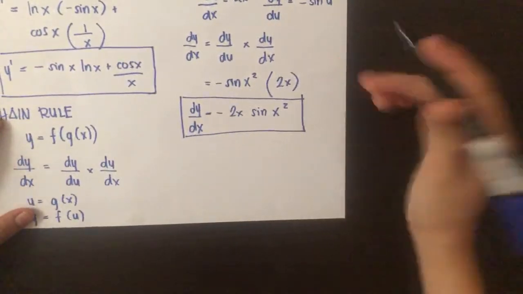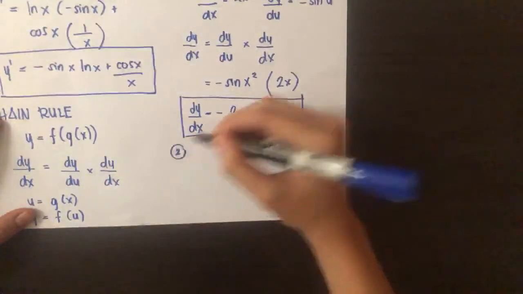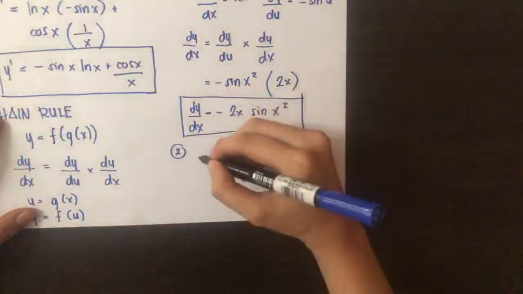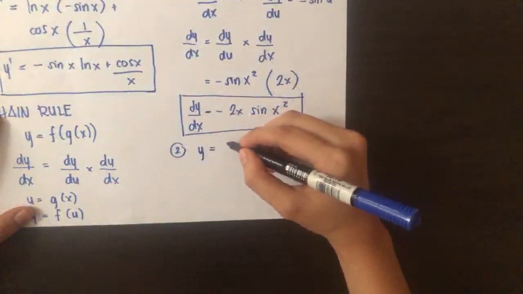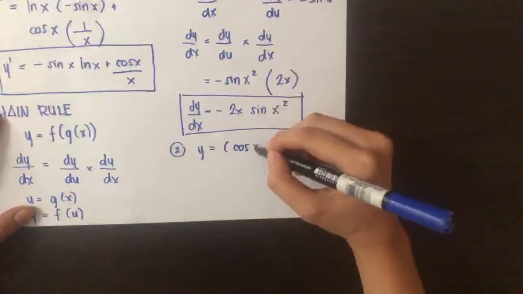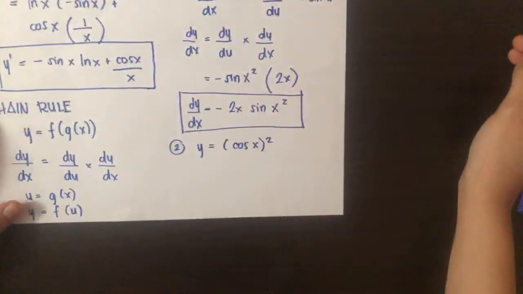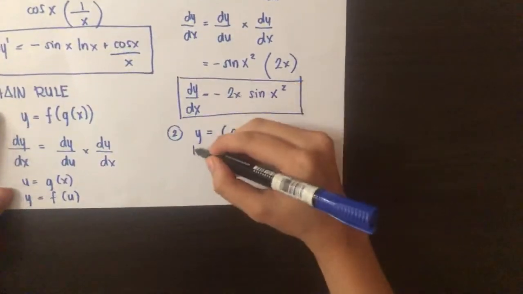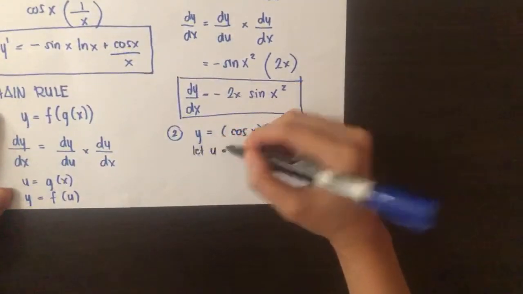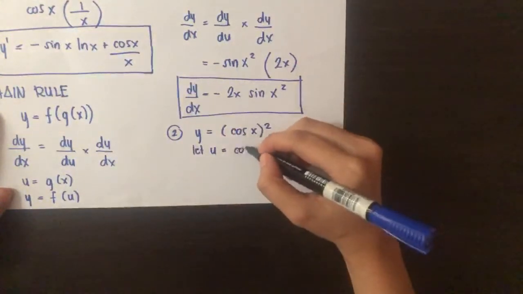So, ayan, isa pang example. Number 2. Paano naman if we have y is equal to cosine squared of x? Ayan. So, in this example, I will let u be cosine x.